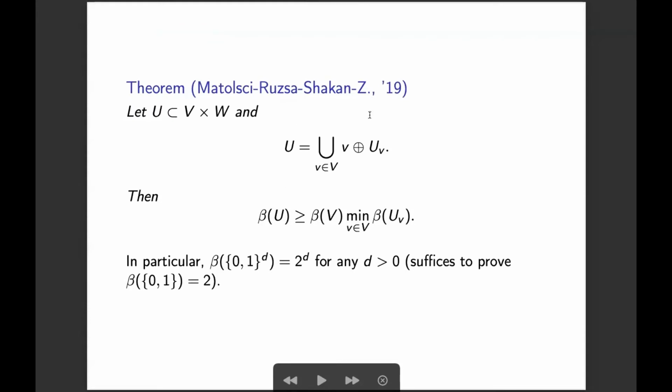So the tensorization in a strict sense looks as follows. Assume that you have a set which is a subset of a Cartesian product, and you can write it as a disjoint union of slices with respect to the first coordinate, which lives in V. Then you can bound this beta by the betas of each of the slices.